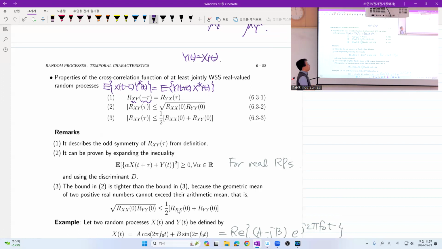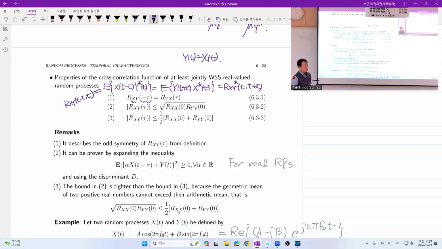However, if we assume they are real valued processes, then what happens? Again, the right-hand side equals Ryx of t plus tau and t, and the left-hand side becomes Rxy of t minus tau and t.